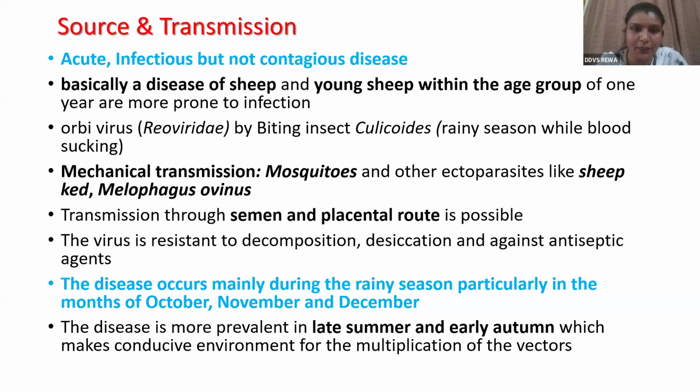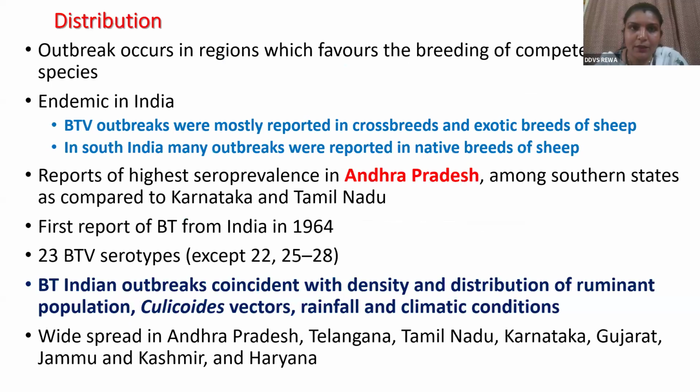Dissimilar to PPR, which occurs throughout the year, this particular disease occurs seasonally, which facilitates the propagation of the vector because it is transmitted through the vector. The environmental conditions which favor the propagation or breeding of the vector also facilitate the outbreak of this disease.